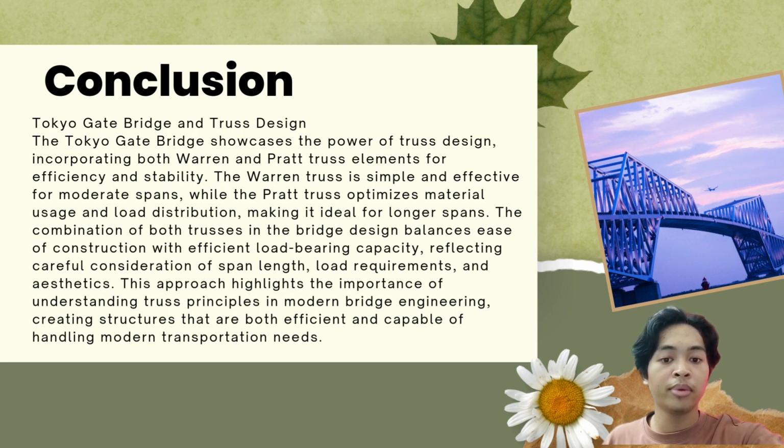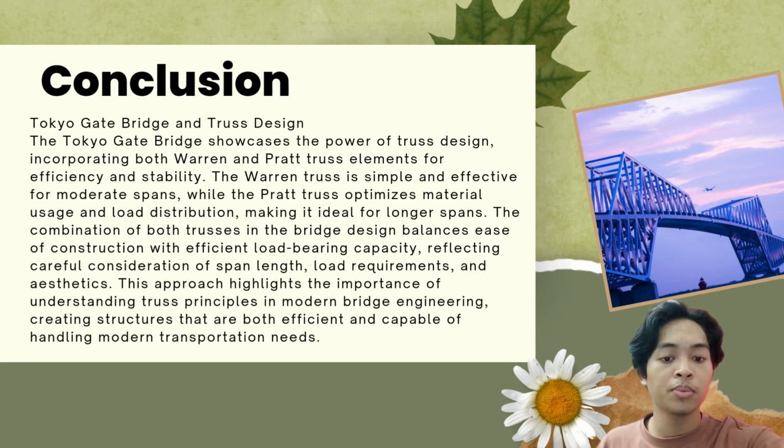The combination of both trusses balances ease of construction with efficient load-bearing capacity, reflecting careful consideration of span length, load requirements, and aesthetics. This approach highlights the importance of understanding truss principles in modern bridge engineering, creating structures that are both efficient and capable of handling modern transportation needs.